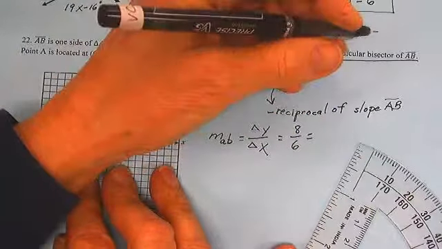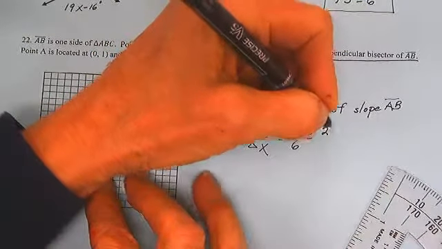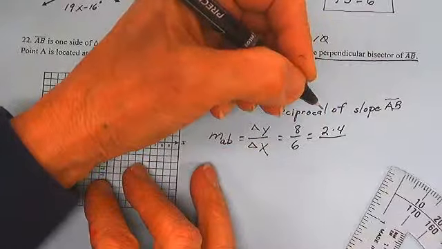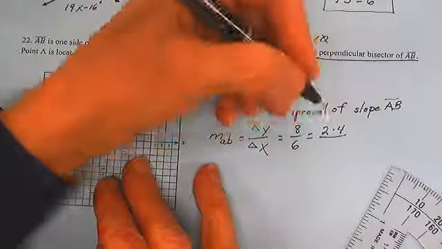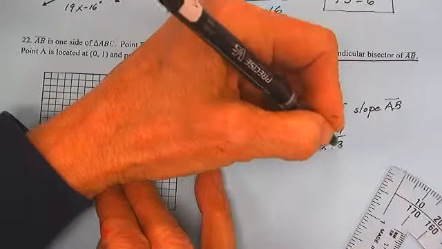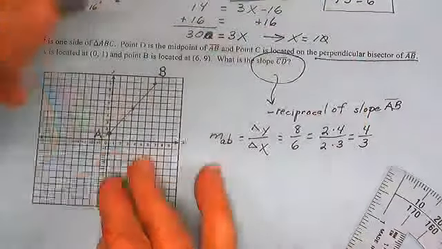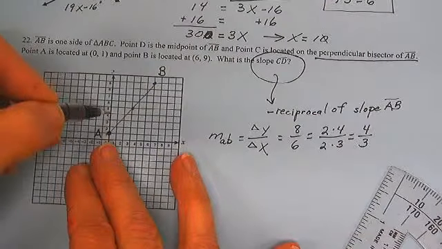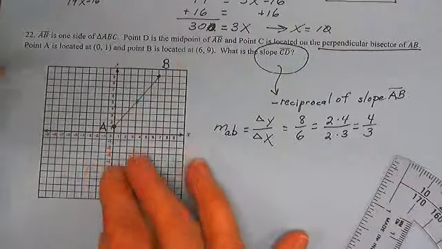I can simplify that. 8 over 6 is the same as 2 times 4 over 2 times 3. So my slope is 4/3. Yep, I can prove that.